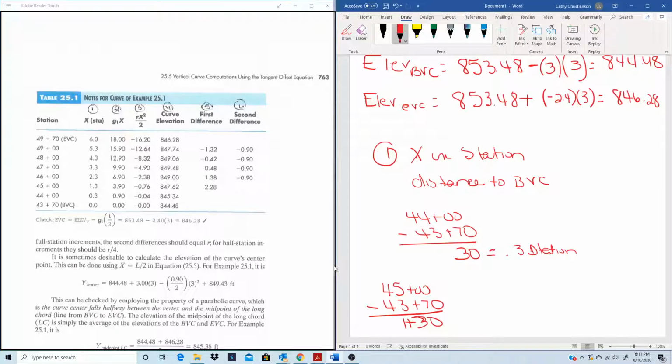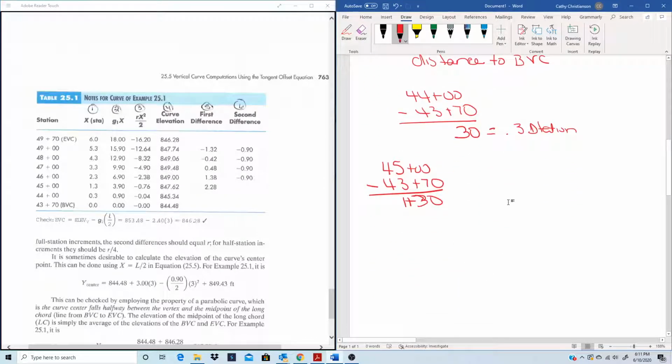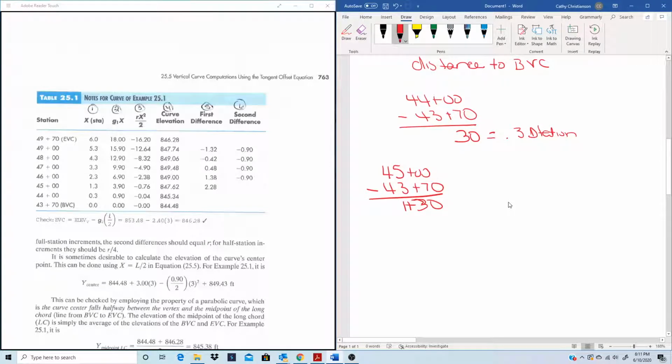Sorry. So 1 plus 30, if you divide that by 100, would equal 1.3 stations.